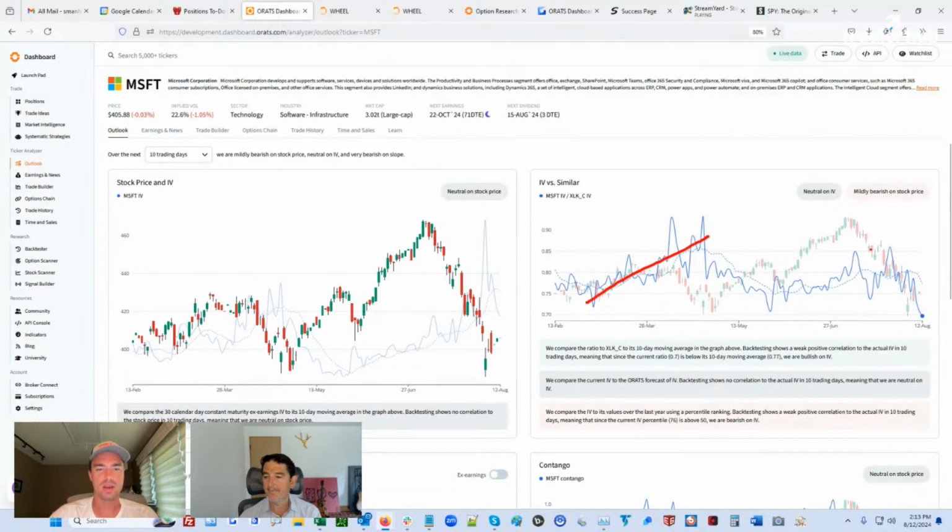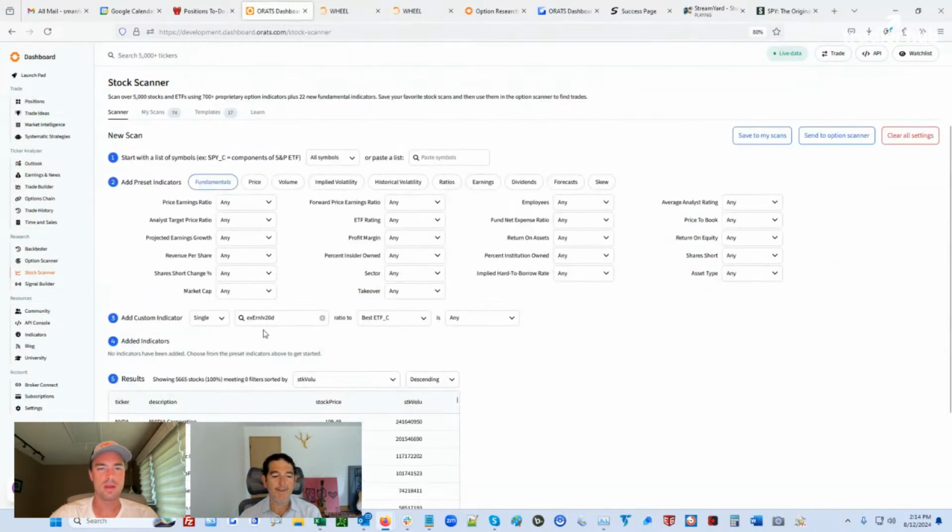We also look at versus our forecast of IV, as well as our percentile ranking of IV throughout history. Right. So let's go now with that, armed with that information, right? Mm-hmm. And I think it's a good way to find stocks or ETFs that are kind of outside of their normal range, right?